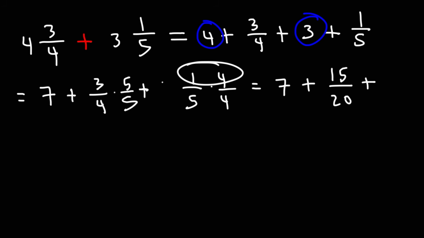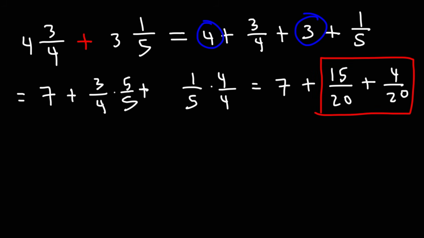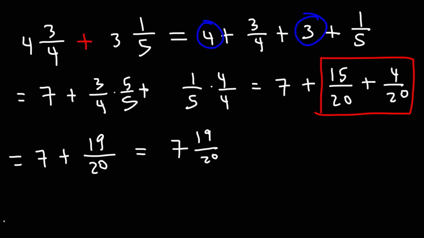And then this is 4 over 20. So now we can add these two fractions. 15 over 20 plus 4 over 20, that's going to be 19 over 20. So the final answer is 7 and 19 over 20.